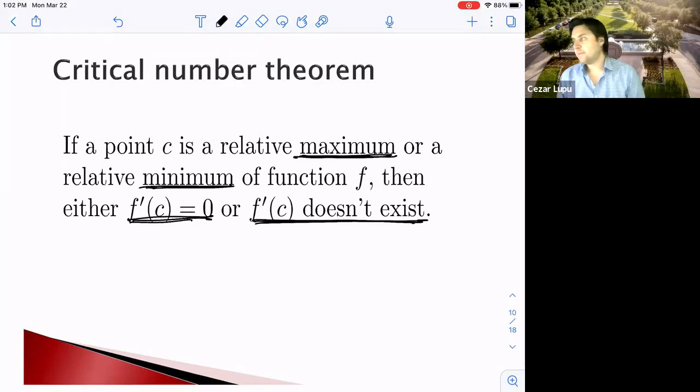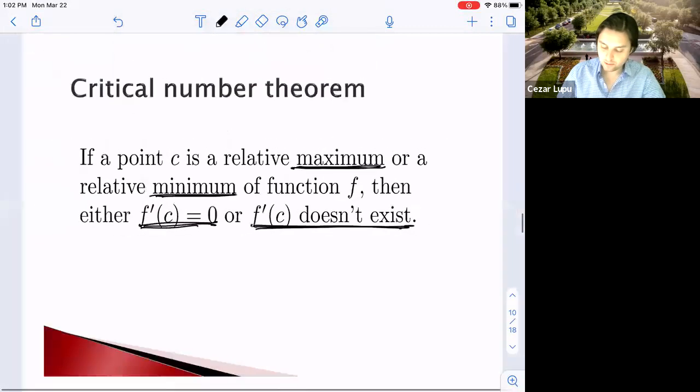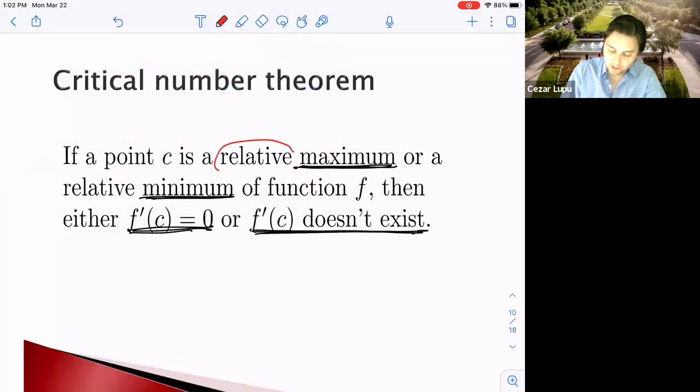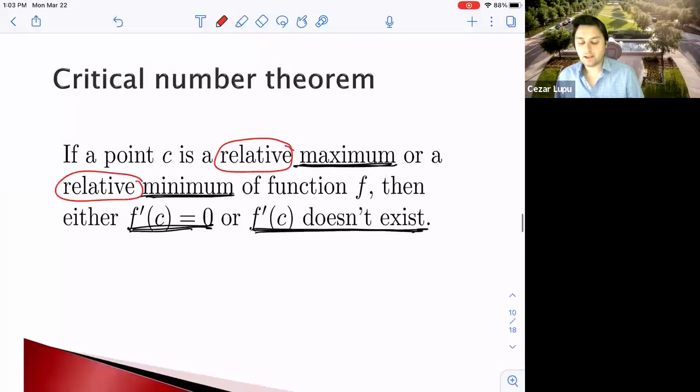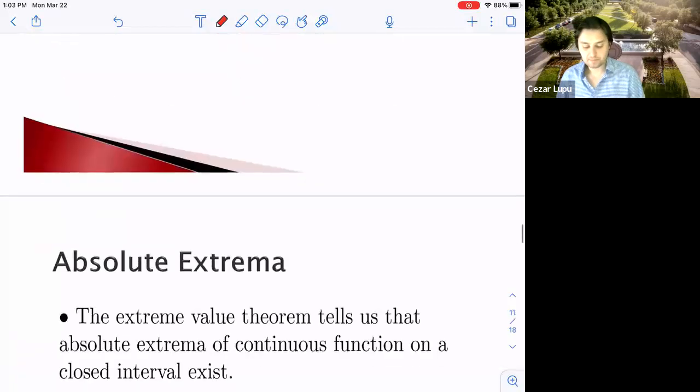And now we would like to see the difference, because you see here, I mentioned these two words, relative max and relative min. Now let's see how this will be related to absolute extrema.